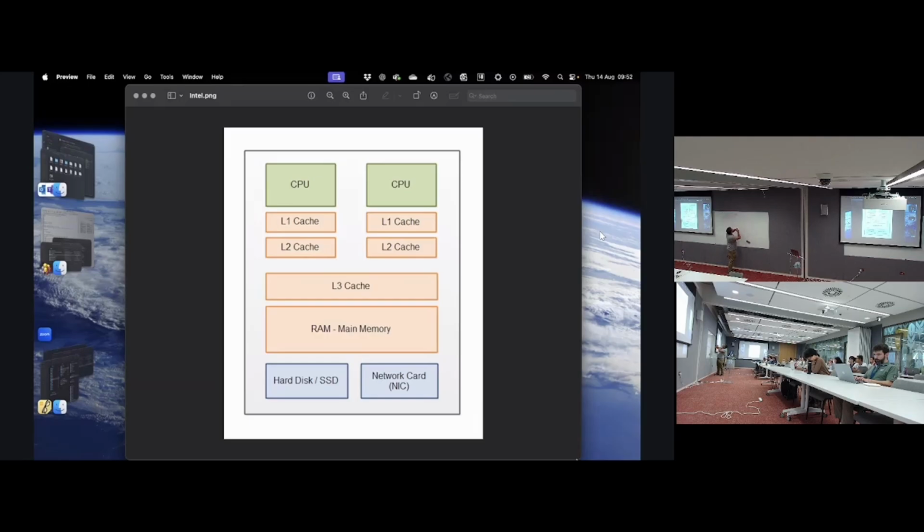Just for your benefit, the program executing is: X assigned 1, Y assigned 1, A gets Y, B gets X. This is called the load buffering, sorry, the store buffering example.